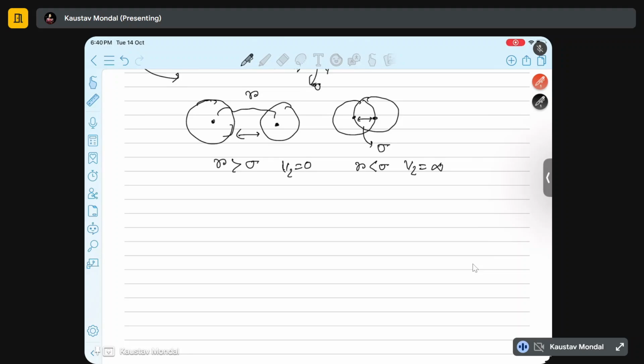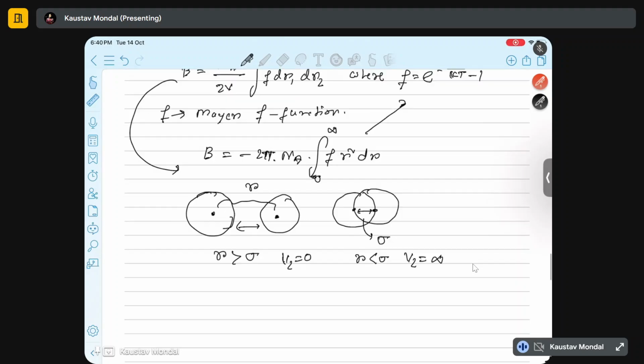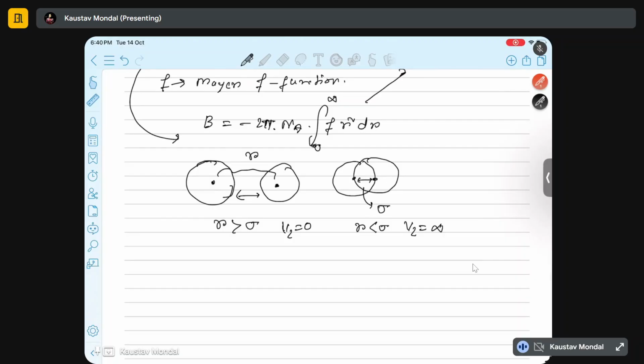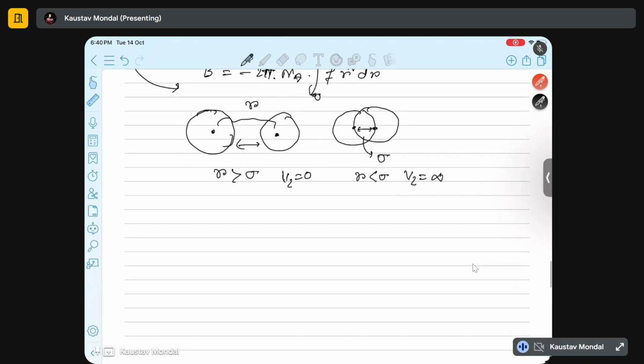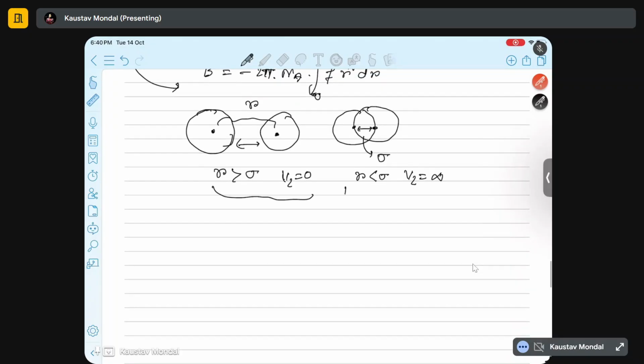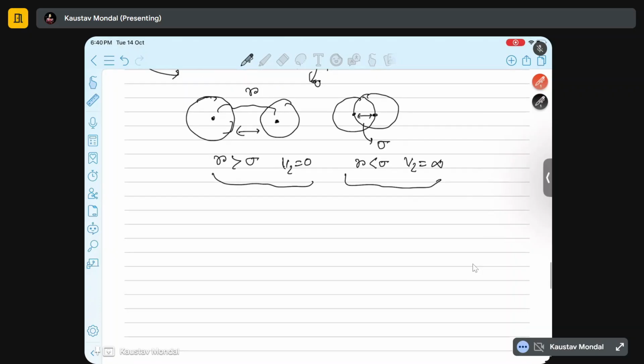So this ensures that the potential is very strong and cannot allow these two spheres to move through their centers. This is basically how the potential looks like.